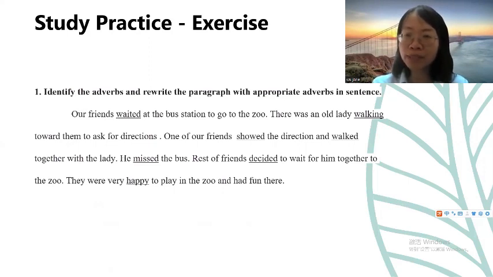I'll give you one example. Based on the example, you will create your own sentence by picking appropriate adverbs. Once you have done this activity, after 10 minutes please post your results in the chat box, and I'll score each of the groups. And we'll see which team will be the final winner.